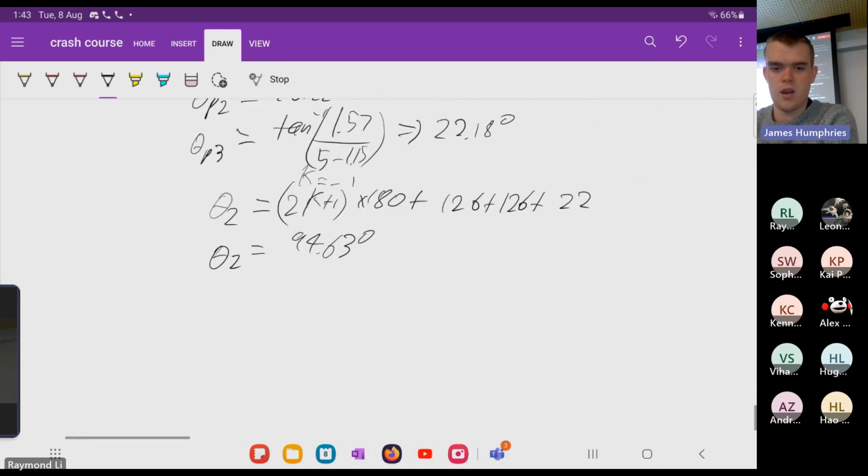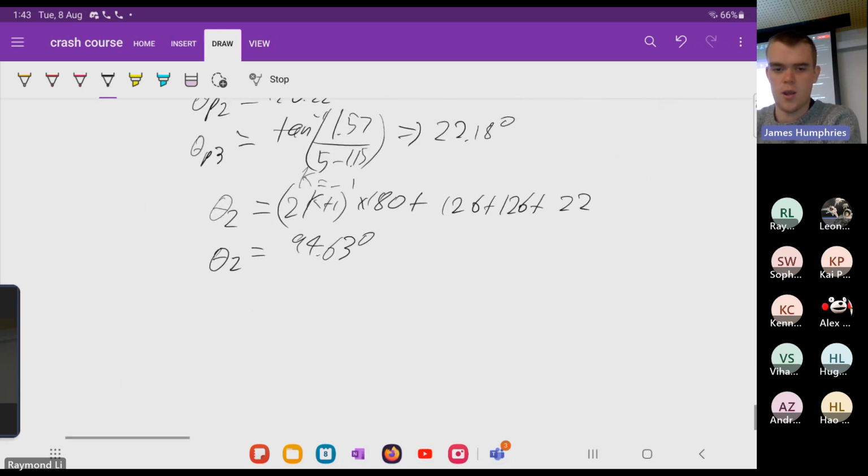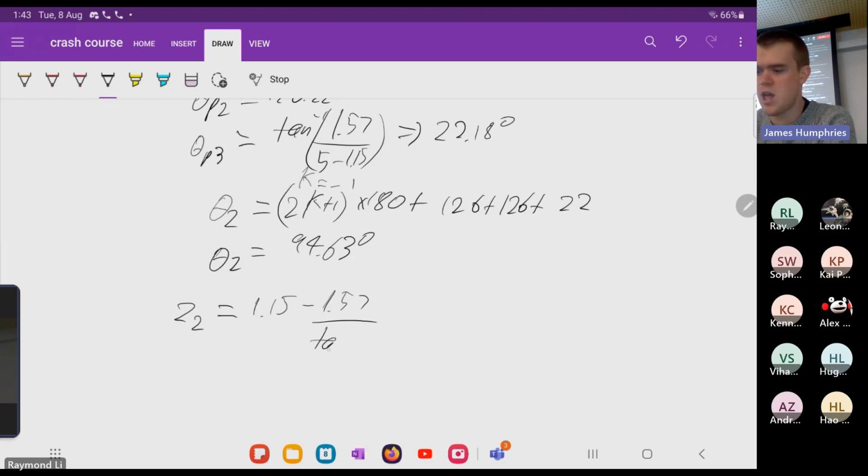So we've done all of that, and now we want to find what the Z2 value actually is, which is going to be 1.15 minus 1.57 on tan of 94.63 minus, well, it's 180 minus that, so that it's within that region, because otherwise it's going to be a negative number, which is like 1.023.